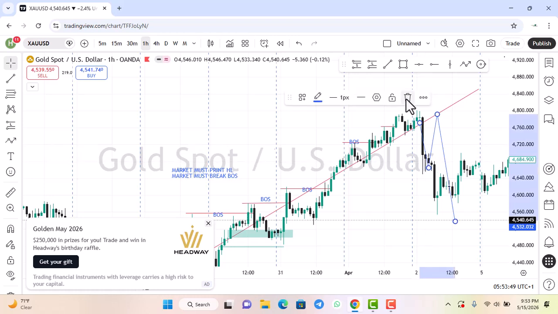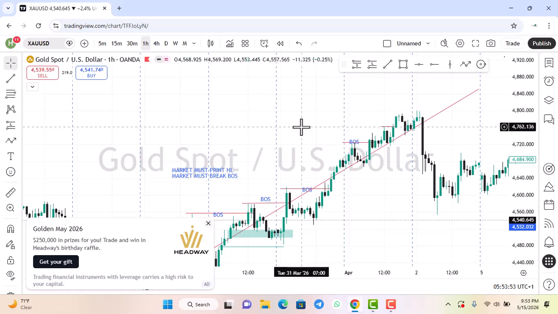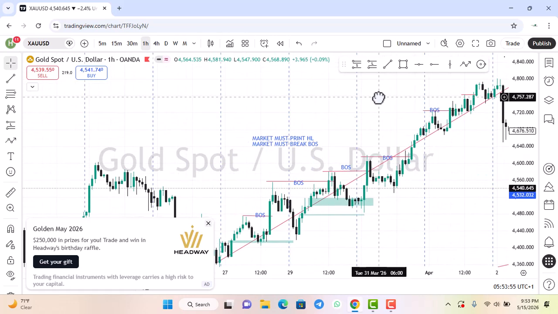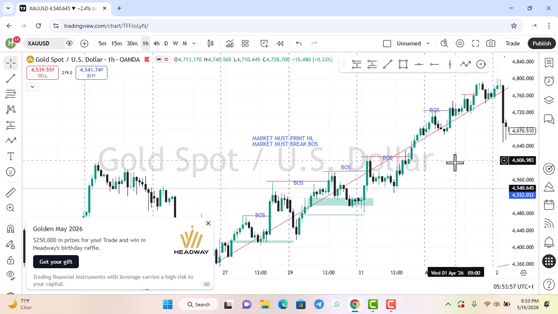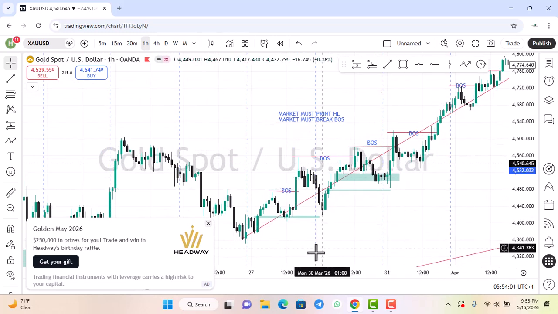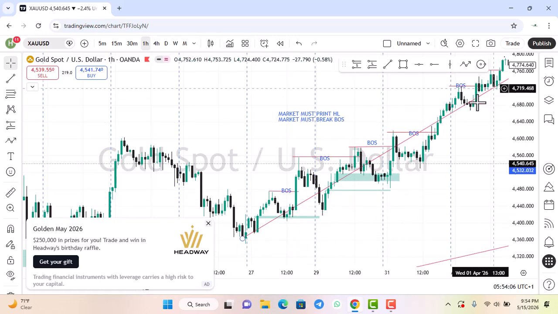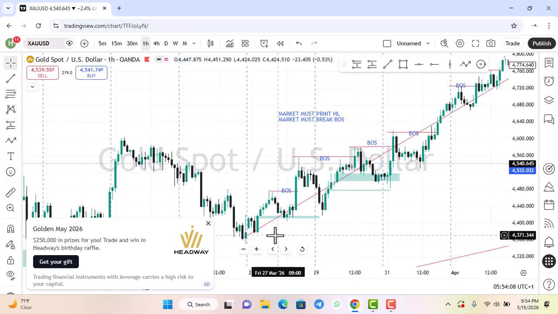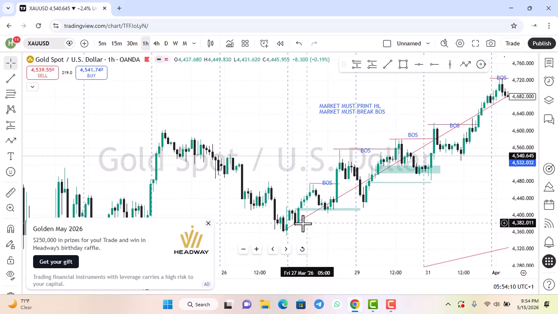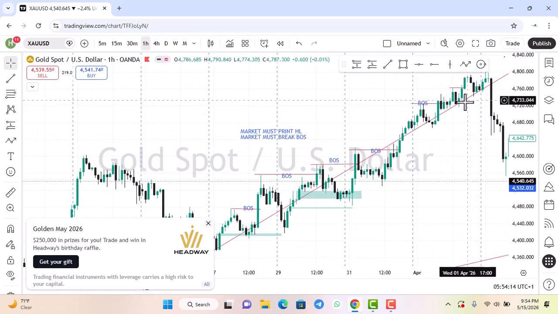But I'm just giving you this example so that you can understand how to mark a valid market structure, or how to define market structure professionally. So when I have these swing highs, the most important to me right now is this first one and the last one.